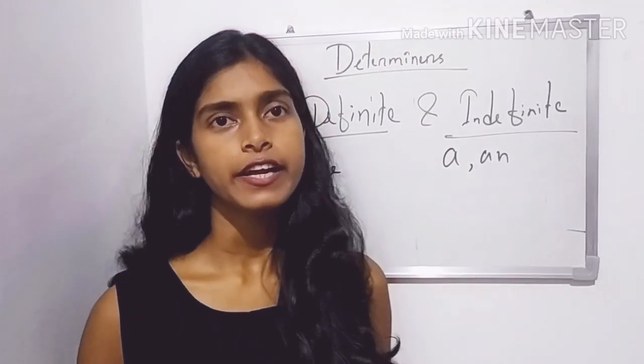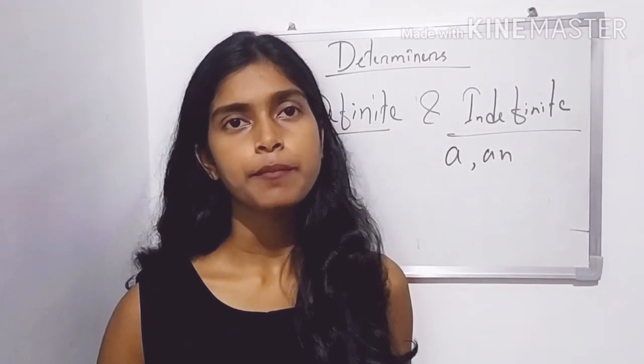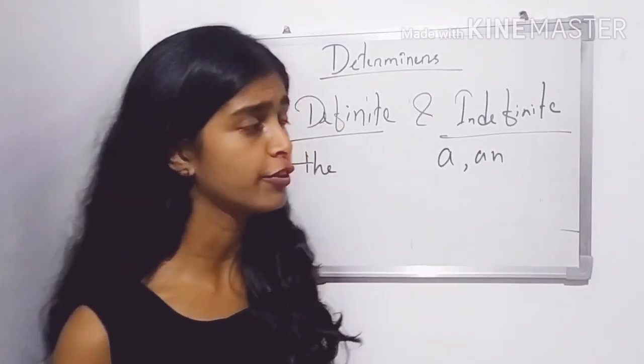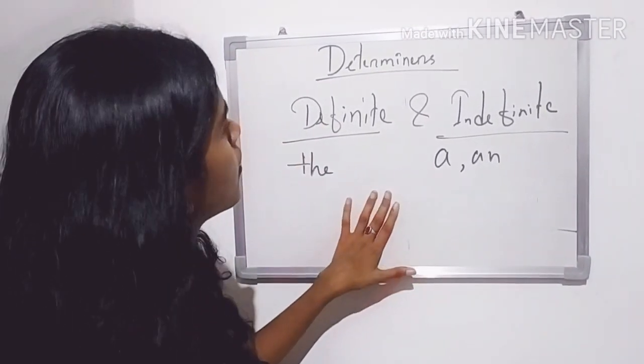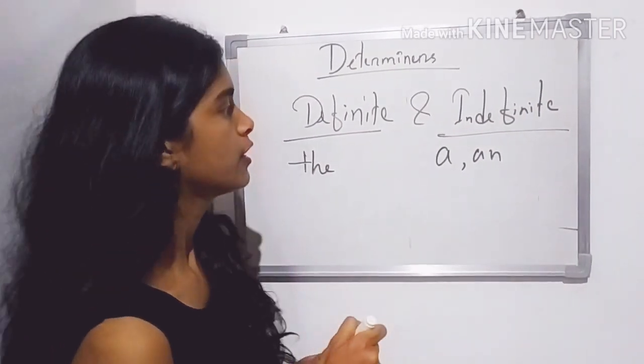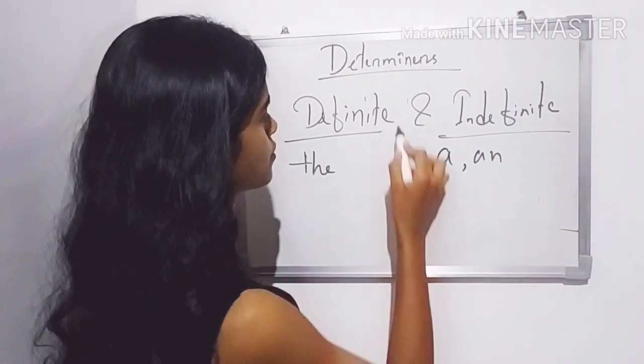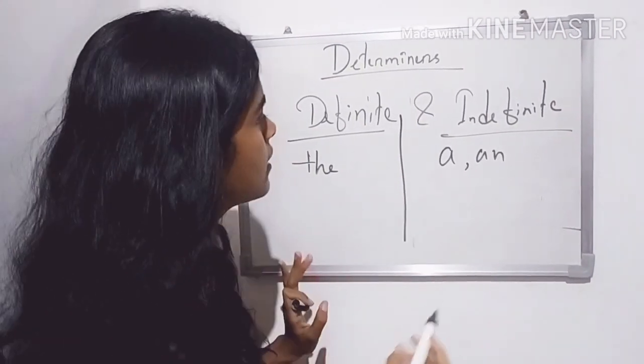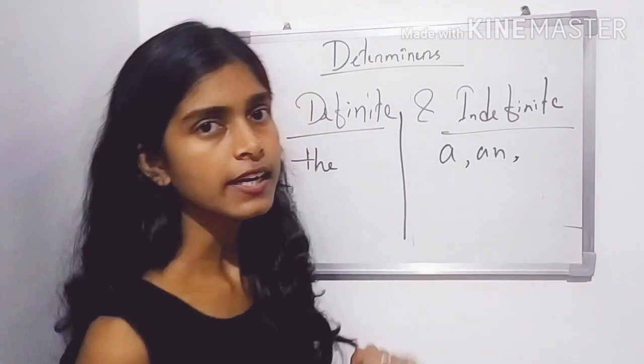If we go further, there are many determiners like some, any, much, many, every, each. There are much more, like a few, a little. Then we have to categorize them according to their types. We do not have many determiners which are definite. More of our determiners are indefinite.